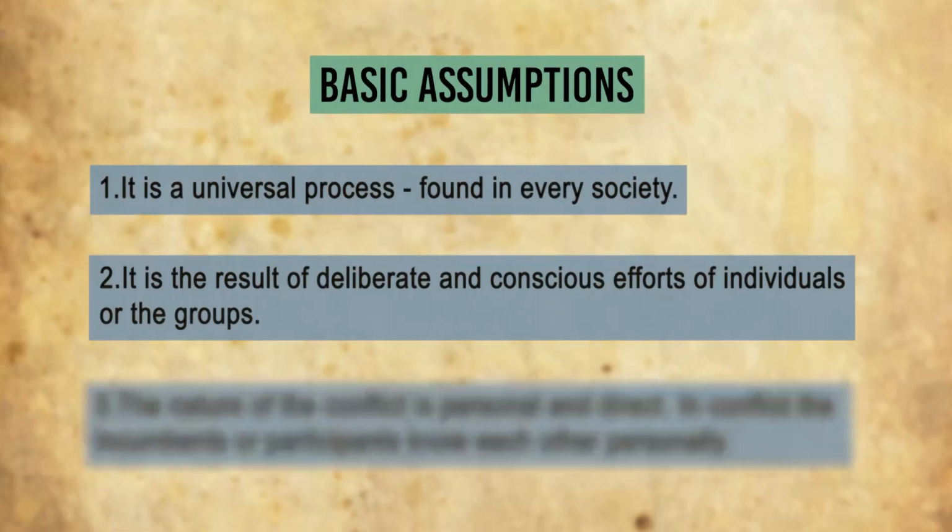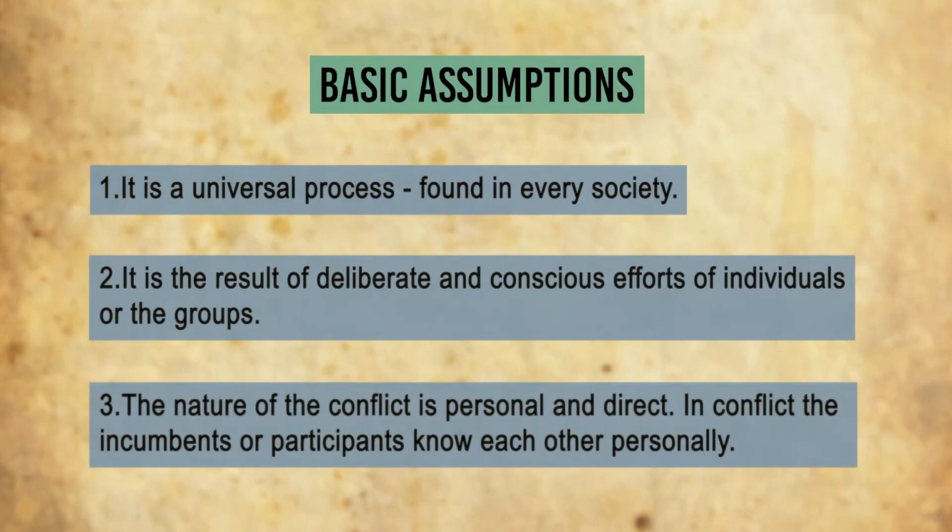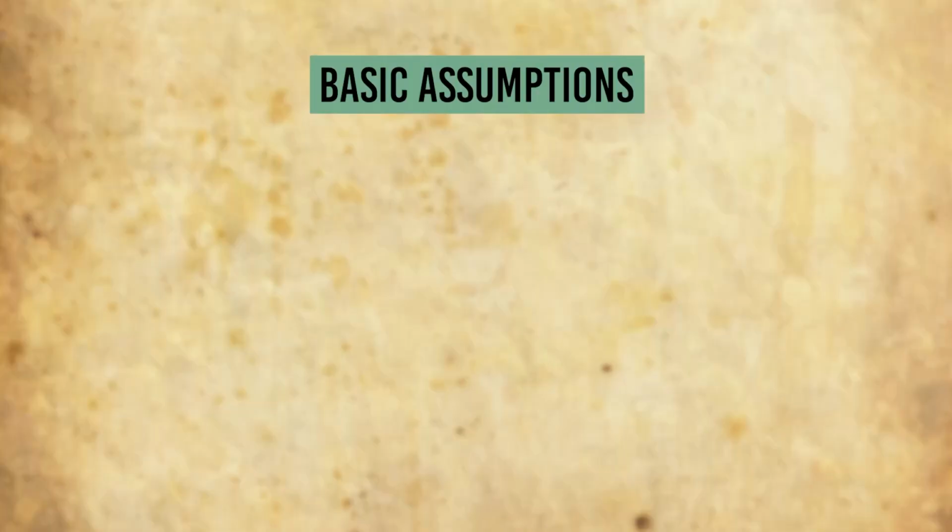It is not that, without any deliberation, without any conscious effort, suddenly a conflict begins. That cannot happen. Thirdly, the nature of conflict is personal and direct. In conflict, the incumbents or participants know each other personally. Remember, we were talking about direct contact that is required in case of conflict. So it says this same thing.